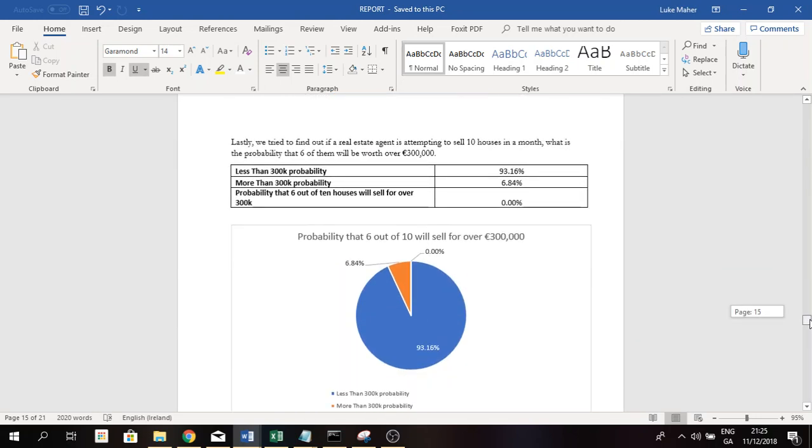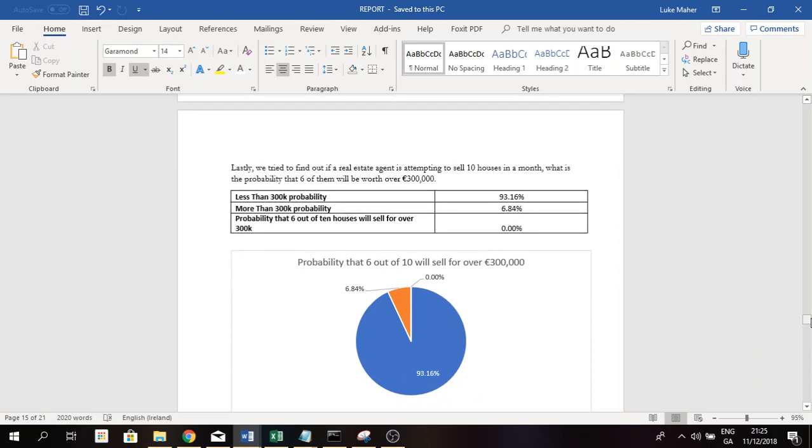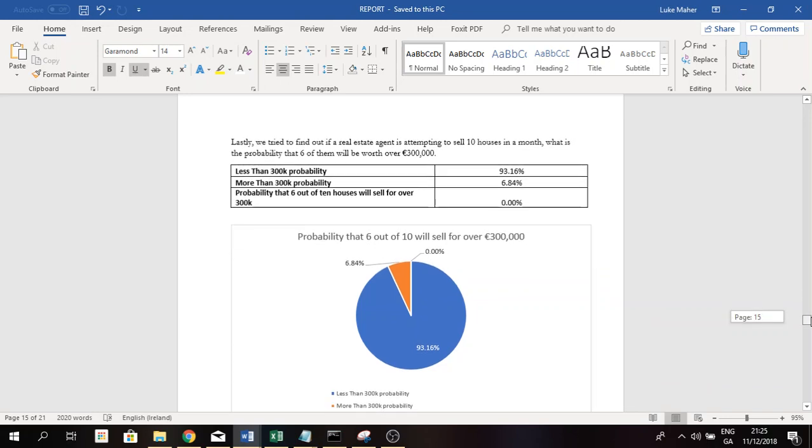And then the last thing we did was, if a real estate agent is trying to sell 10 houses in a month, what is the probability that 6 of them are going to be worth over 300,000?